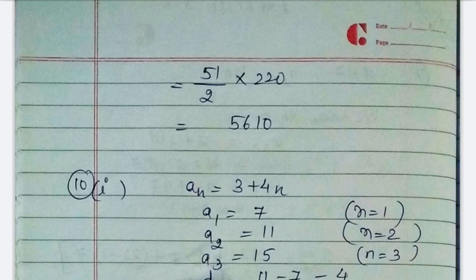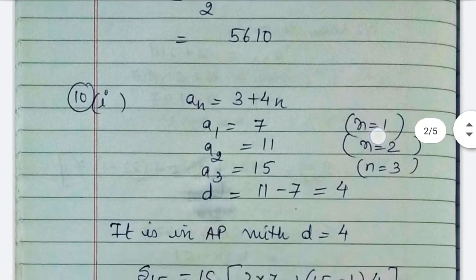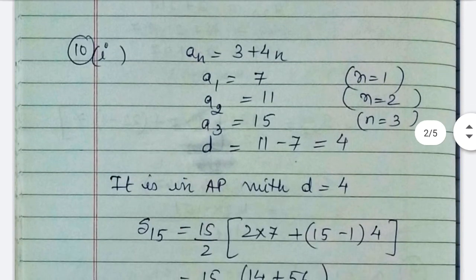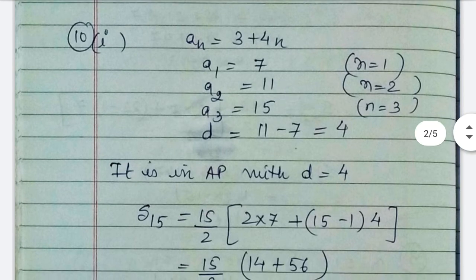Next, question number 10. Question number 10 says, show that A1, A2 up to AN form an AP where AN is defined as AN is equals to 3 plus 4N. What you have to do, you have to put the values N is 1, 2, 3, 4, 5 in AN and solve this.